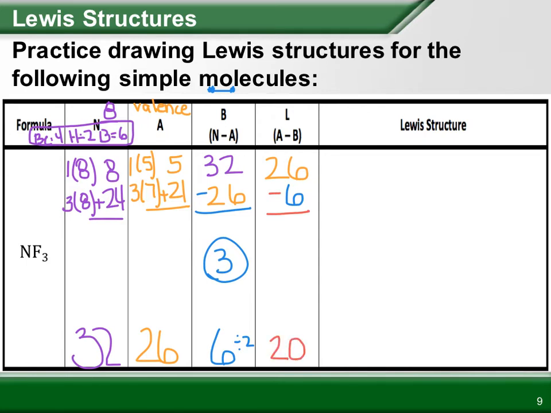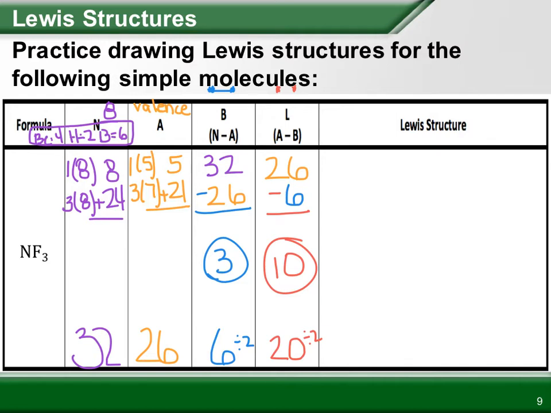That tells us that there are 20 electrons involved in Lewis, or the lone pairs. We need to know how many lone pairs that is, so we're going to divide that by 2 again, and that tells us there are 10 lone pairs. Lone pairs are these.